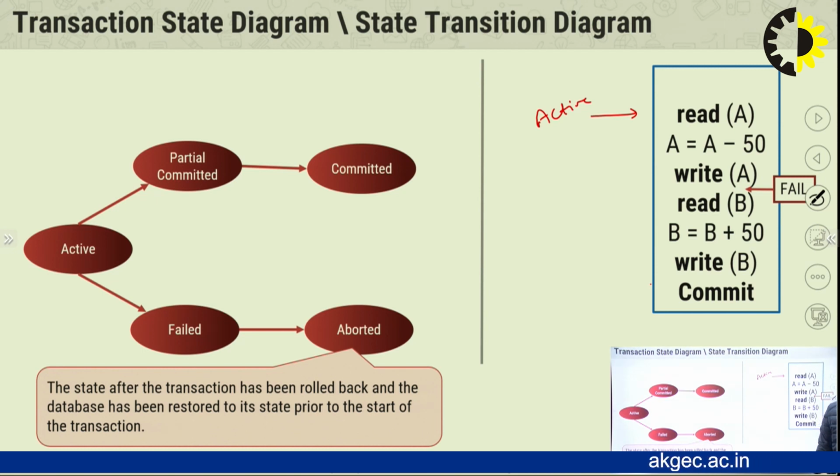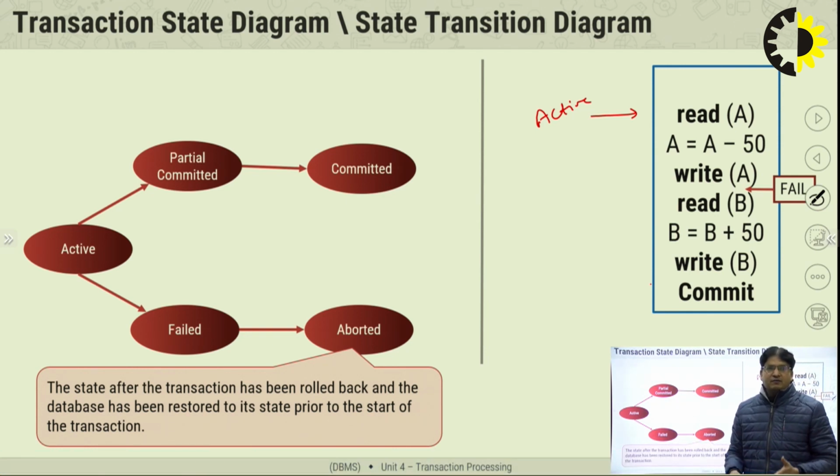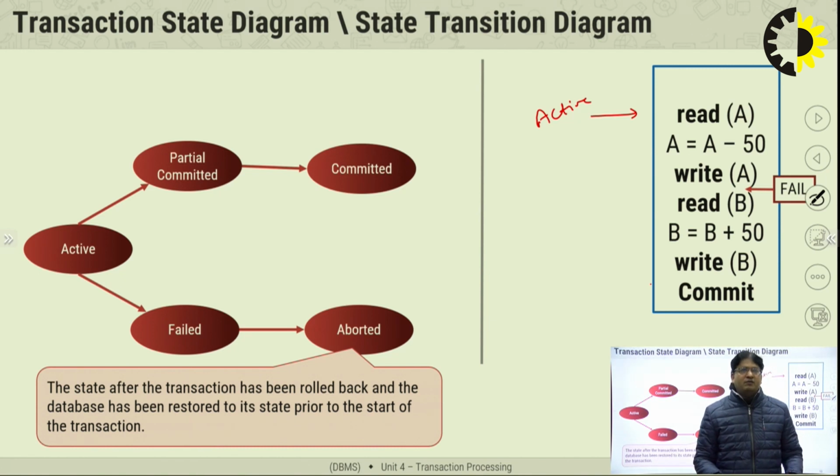Here we roll back whatever sequence of operations has been accomplished; we need to undo them in case of failed state, that is, we have to abort them. Abort state will come after the failed state. If the transition fails, then we will proceed to the abort state.